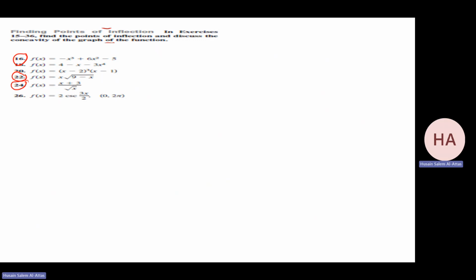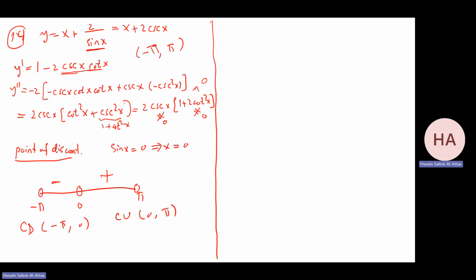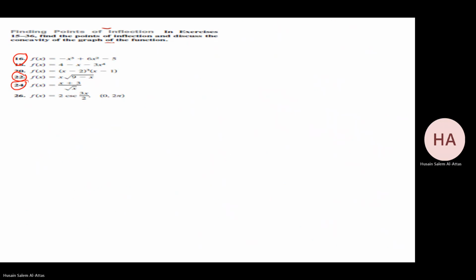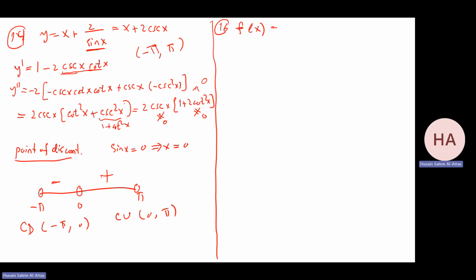Okay, 16: f of x equals minus x cubed plus 6x squared minus 5. What will be f prime?